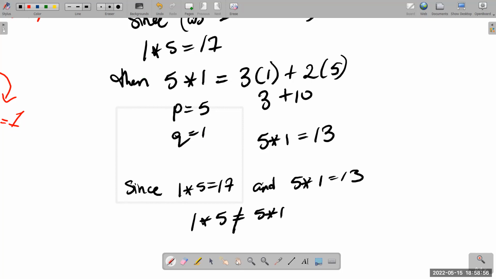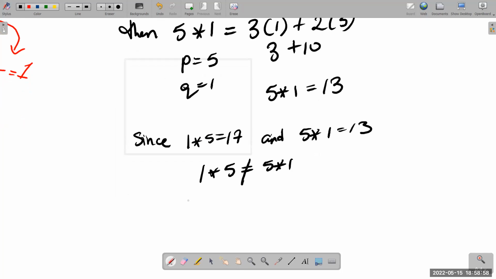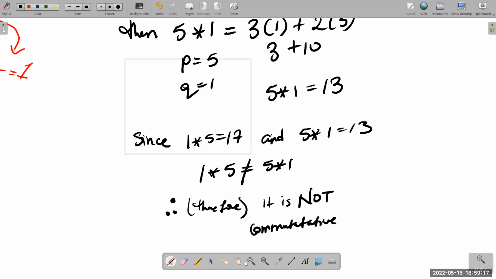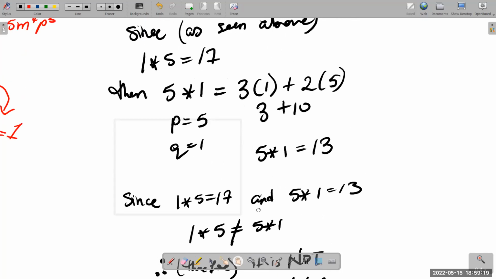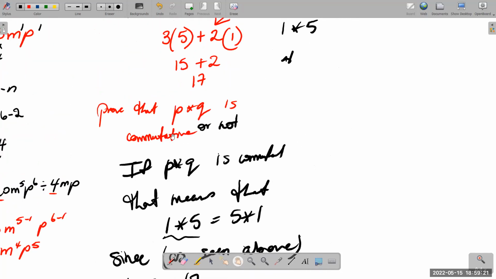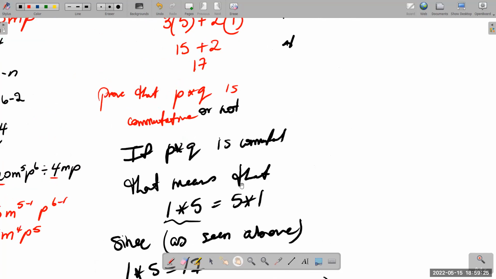And if they're not equal, what do you say? Therefore, which is these 3 dots, or you could use the word therefore, or hence, it is what? Not. Put in capital letters too. Commutative. Remember, they didn't ask if they're equal. They asked you to prove if it's commutative or not. So everybody see that?